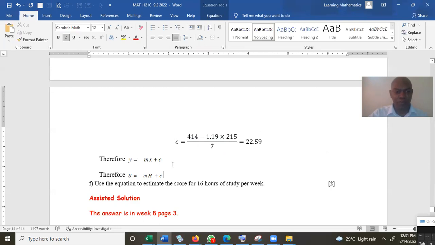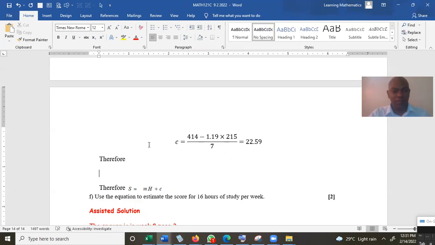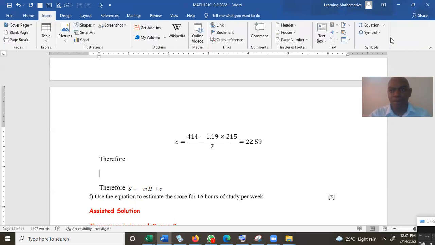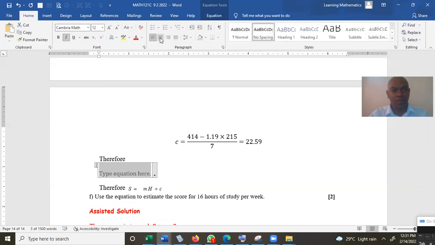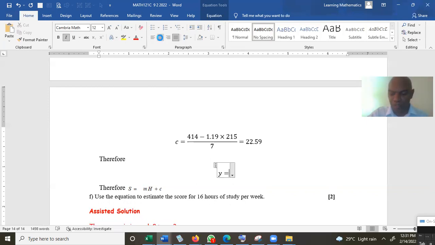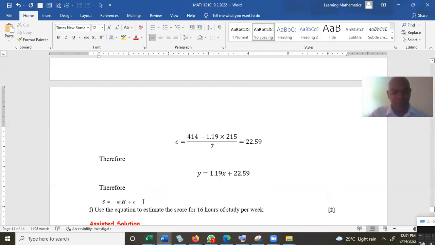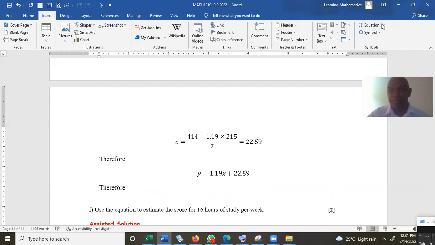So therefore, since we have found m and c, we can complete the equation. y is equal to mx plus c. y is equal to 1.19x plus c, 22.59, and s will take the place of y, h will take the place of x.